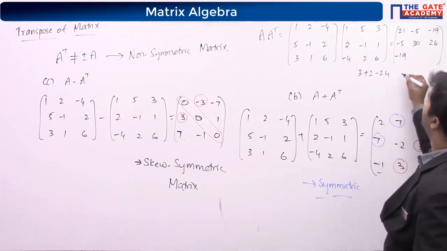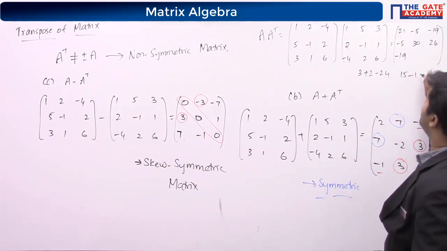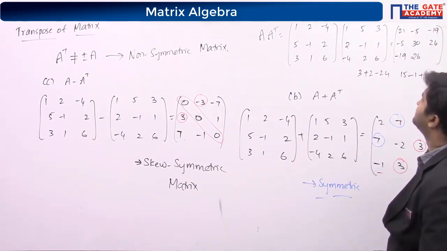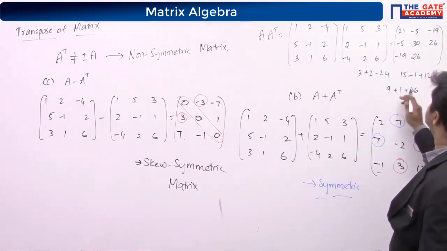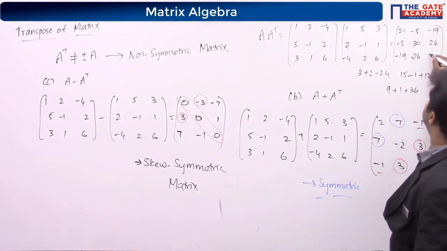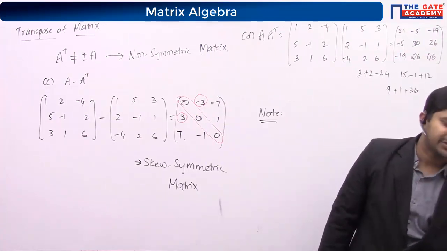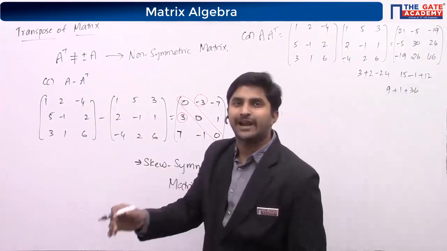Then 15 minus 1 plus 12, which is 26. And the last one is 9 plus 1 plus 36, which is 45 plus 1, which is 46.